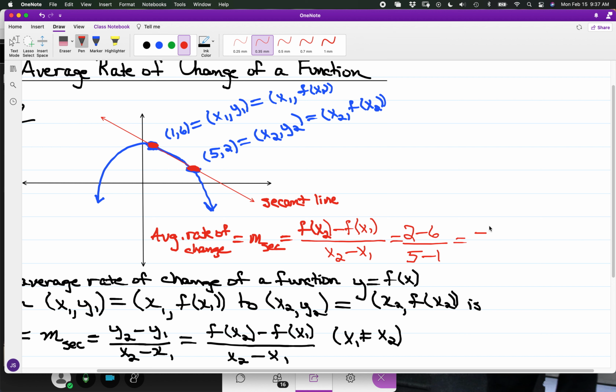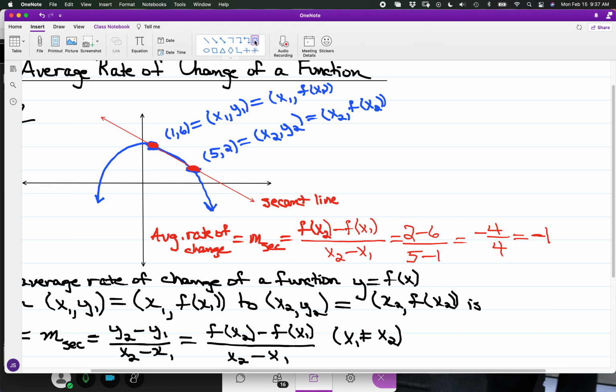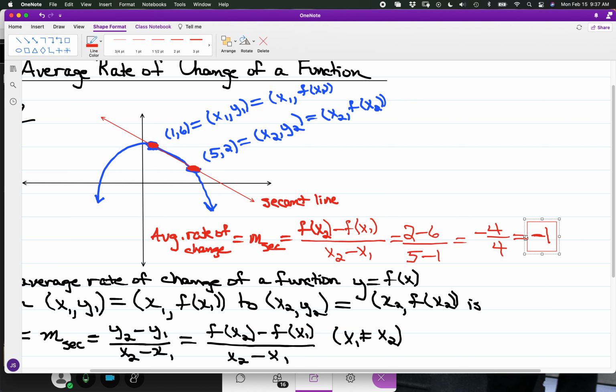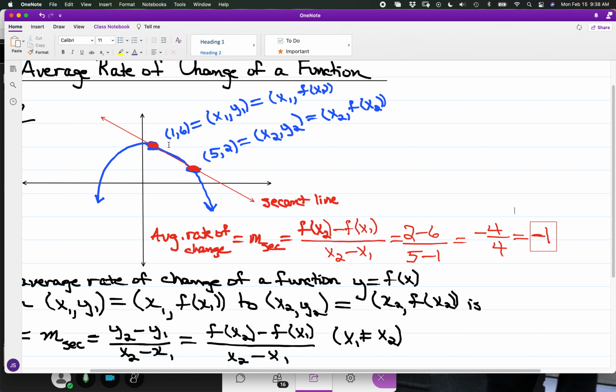So the vertical change is -4, the horizontal change is +4, and for the average rate of change, we come out to -1. Again, that is the average rate of change for that function between the points (1, 6) and (5, 2). This comes out to -1.